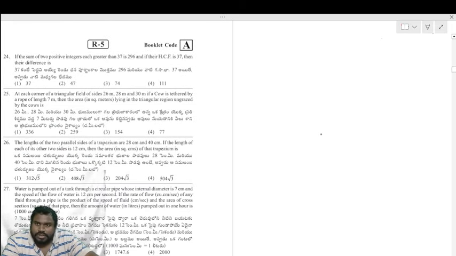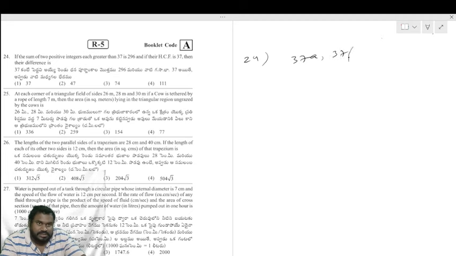Next question, question 24. If the sum of two positive integers each greater than 37 is 296, and the HCF is 37. HCF is given as 37. So I told you, take those numbers as 37A and 37B.